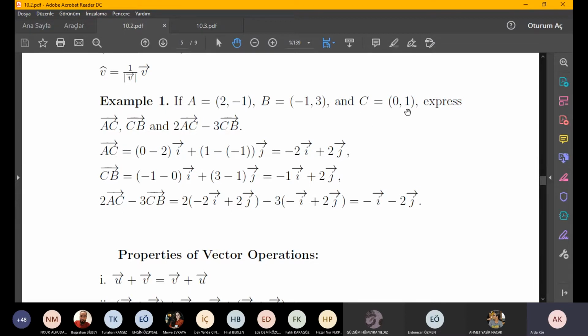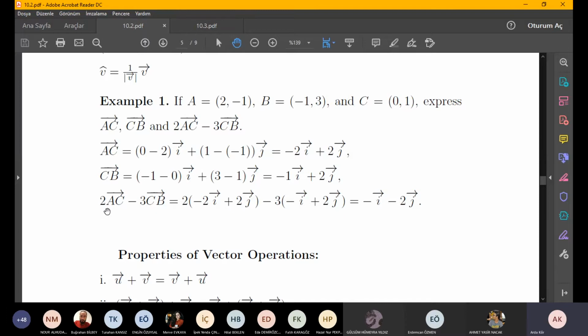So if you write it as a linear combination of standard basis vectors in 2-dimensional space, it will be -1i plus 2j. Of course, you can express those vectors by angle brackets as <-1, 2>. Okay, so you can write it in that way.